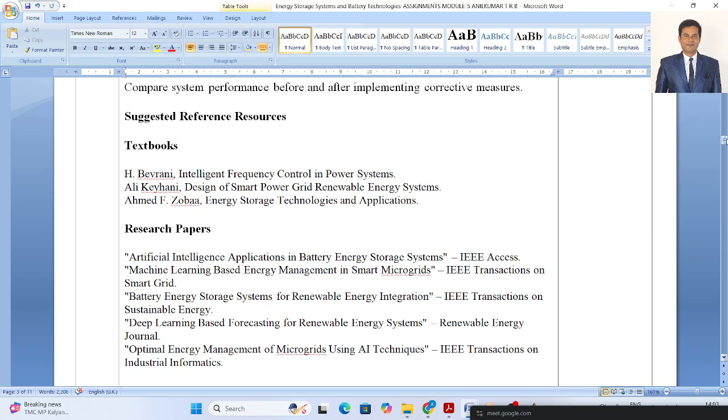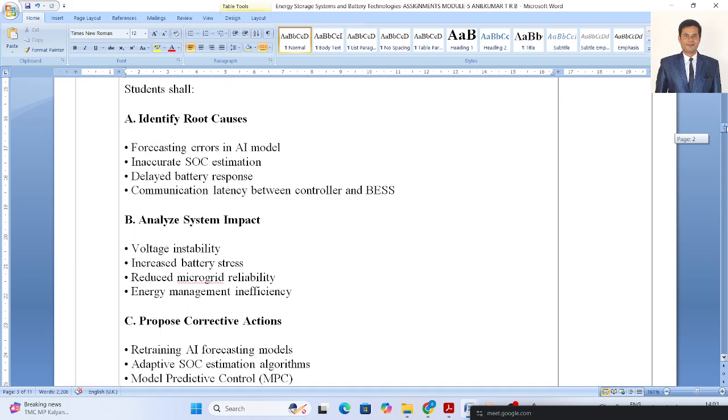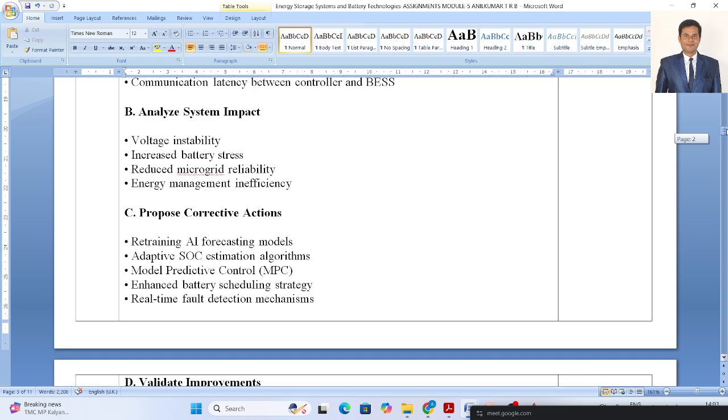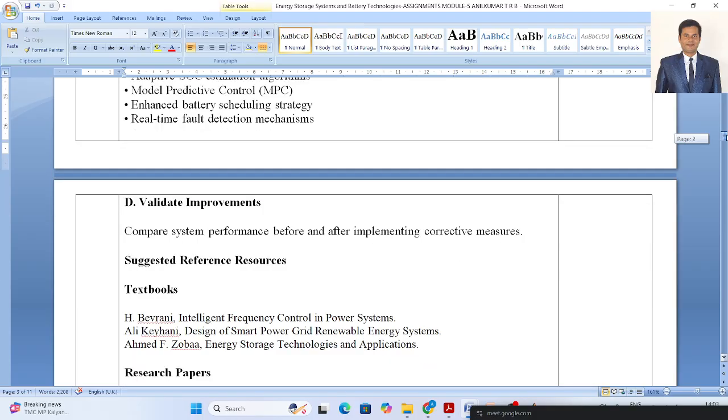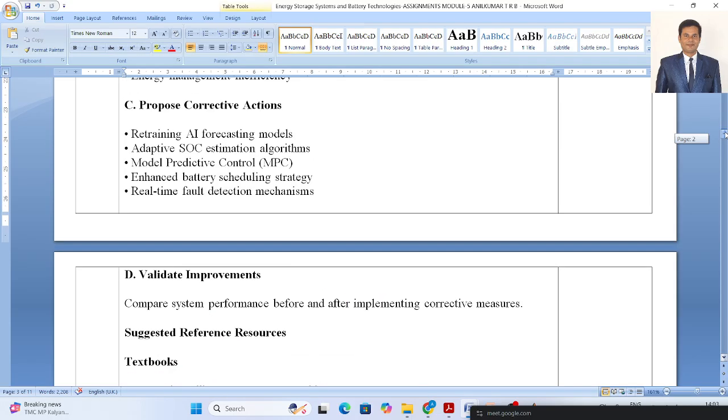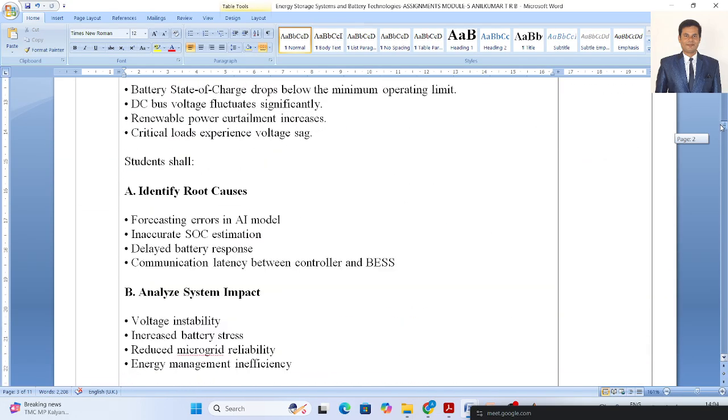You have to compare the performance before and after implementing the corrective measures: what the battery conditions were earlier, the root cause, the failure of the batteries, the system impact analysis, and the proposed corrective actions taken. Those should be validated by comparing with the previous and past implementation, and provide the exact corrective measures. That is what you have to do in your assignment, okay?